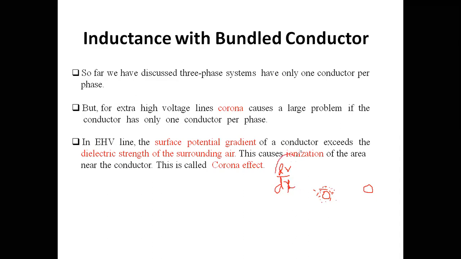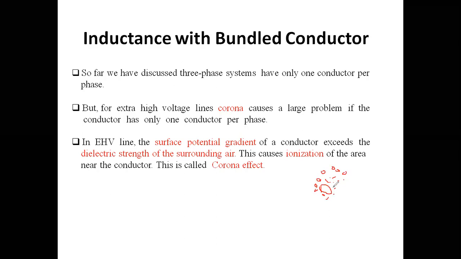When voltage becomes very high, more than 220 kV, what will happen? The surrounding particles of this conductor get ionized. And this ionized particle will try to ionize the other particles, and this process continues.